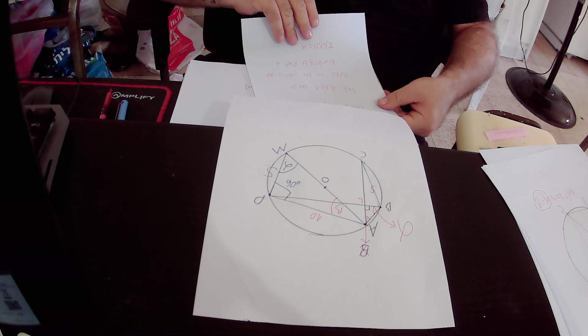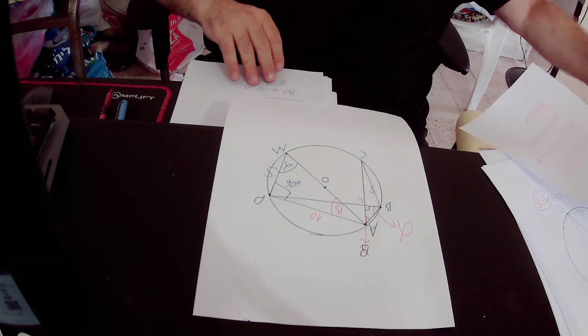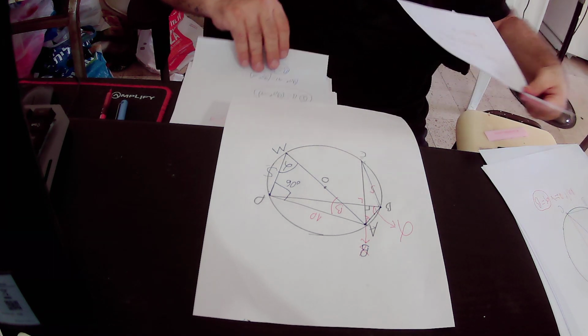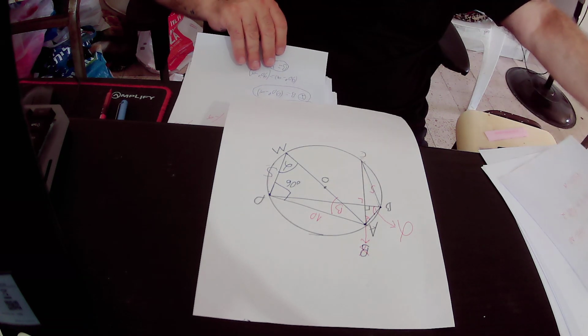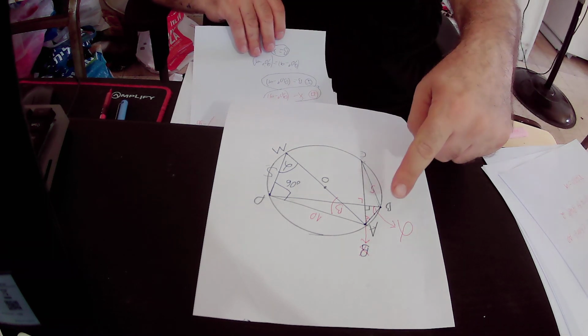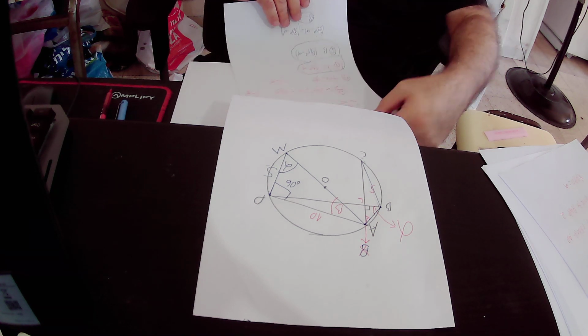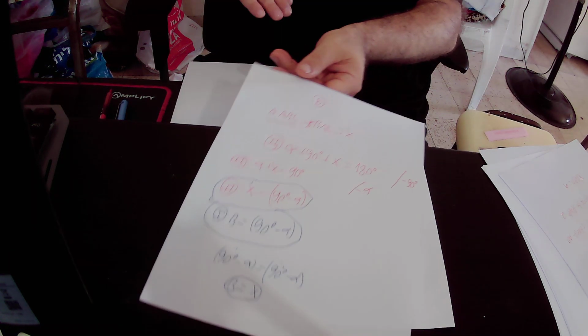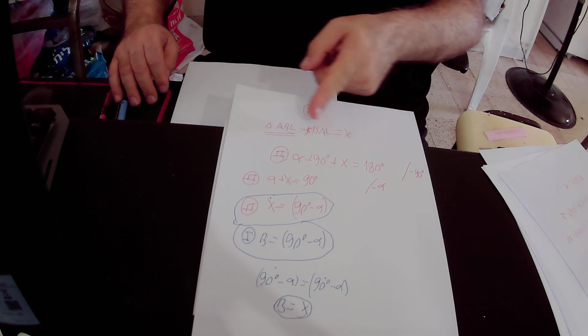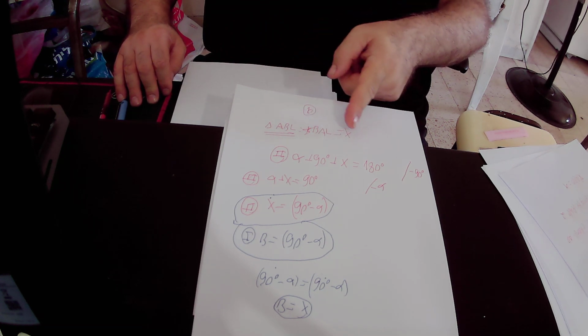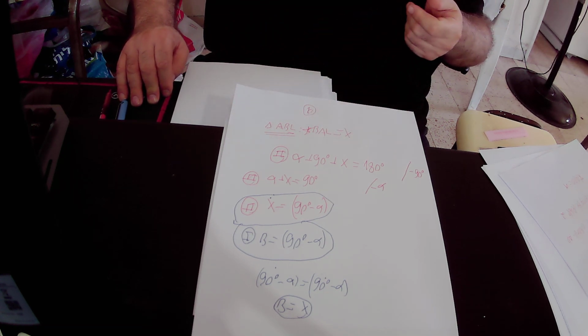So we actually can write down that the sum of the angles in the right triangle ABL equals 180 degrees. And this will be our second equation that states that the sum of the angles in the right triangle ABL equals 180 degrees.